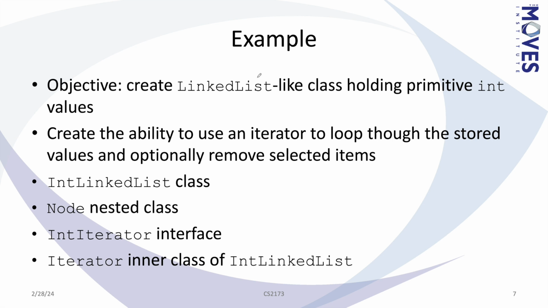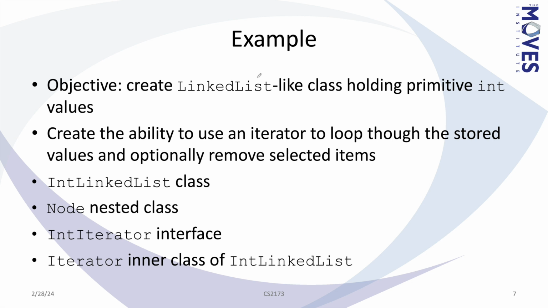So, when we were talking about the collections framework, one of the issues, if you will, is that they can only contain objects. If I have a linked list, for example, and I want it to hold integers, then I can't put primitives in there.